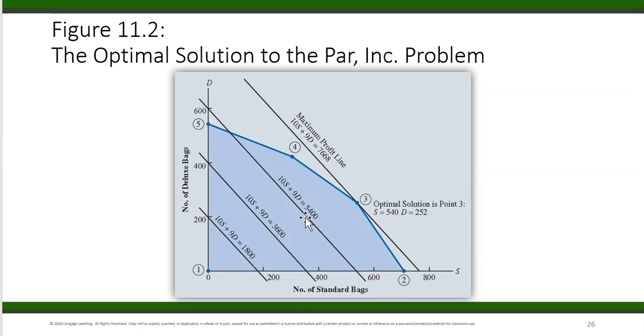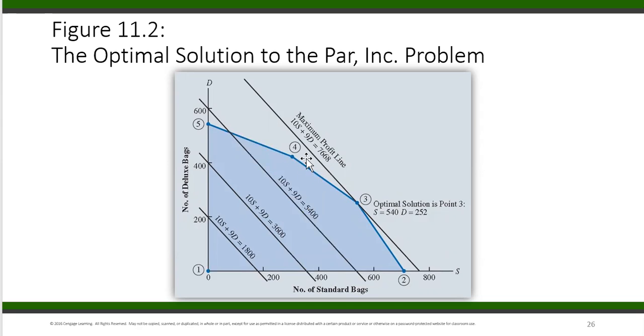5,400. And if you increase this 5,400 a little bit, it's going to be the equation of another parallel line, but to the right of this one, right? And you can keep increasing this value.